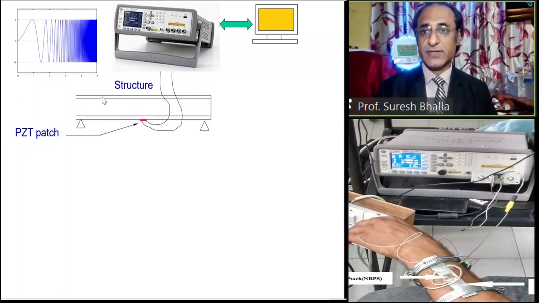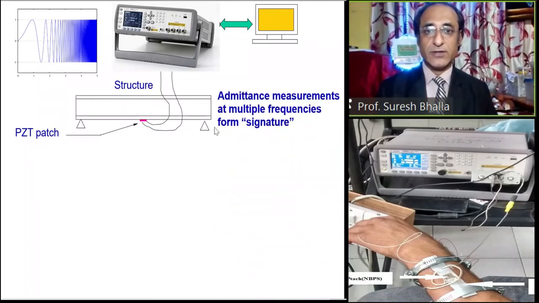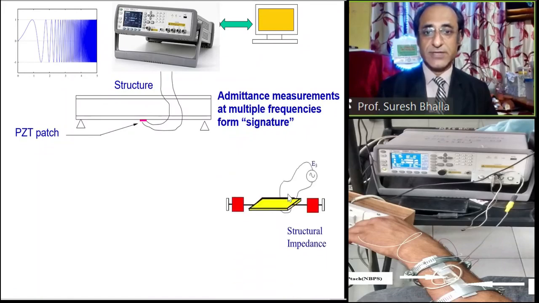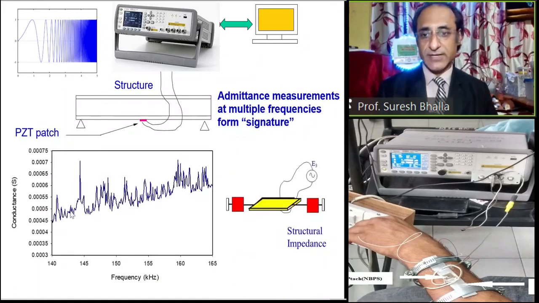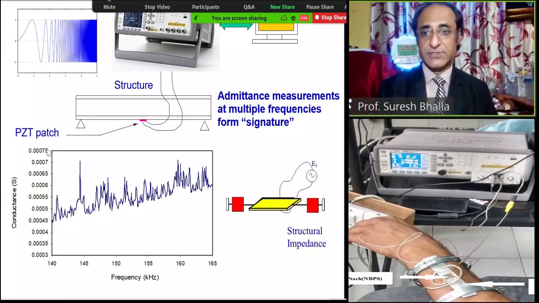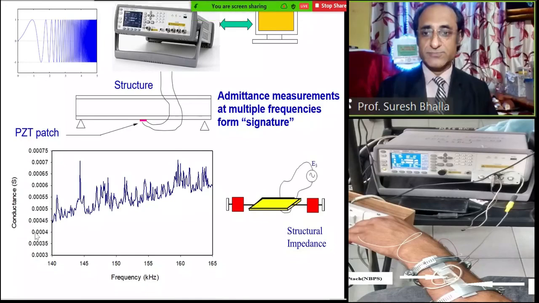We apply the voltage signal in a sweep fashion, that is, we sweep through a frequency range, obtain the admittance measurements, and get a signature like this. The signature is in the frequency domain and covers a broad spectrum of frequencies.